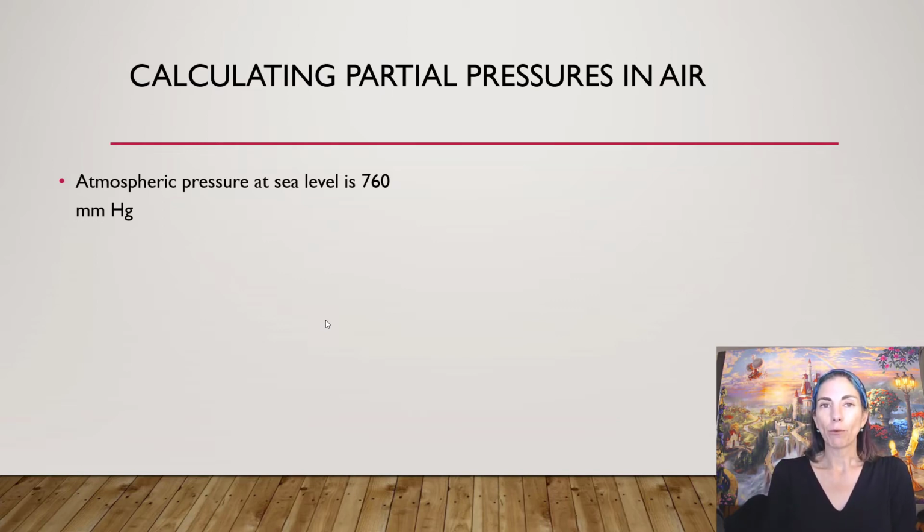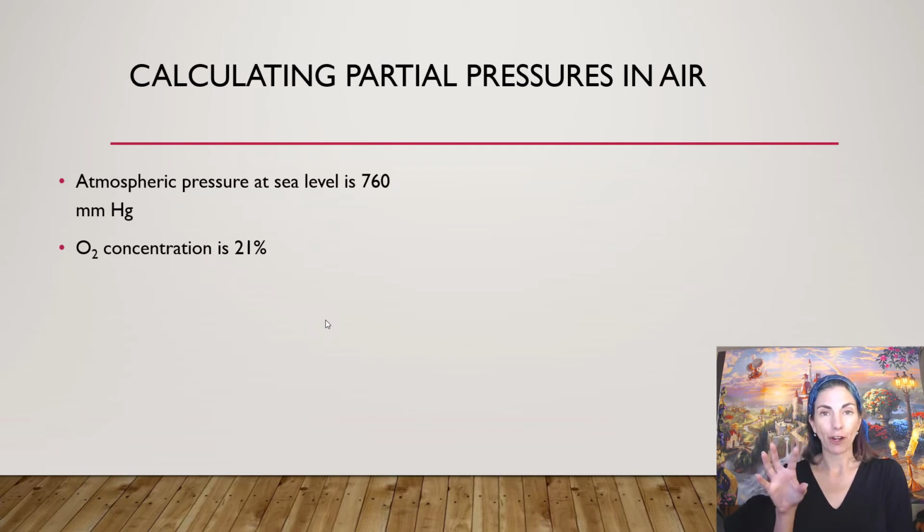The atmospheric pressure will always be given to you in a problem if I'm asking you to calculate something. The oxygen concentration doesn't change at 21%. So the partial pressure is calculated as the total atmospheric pressure multiplied by what percent of it was oxygen.